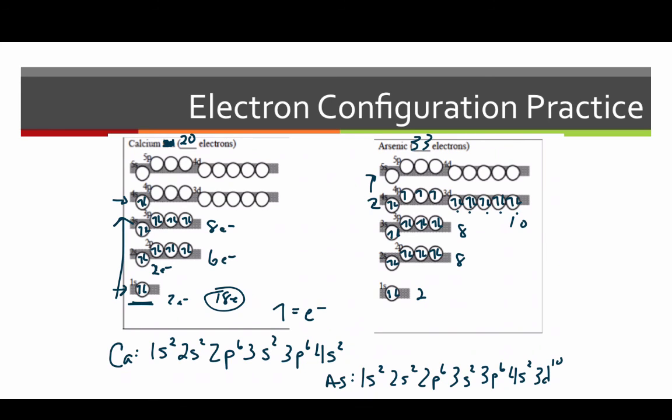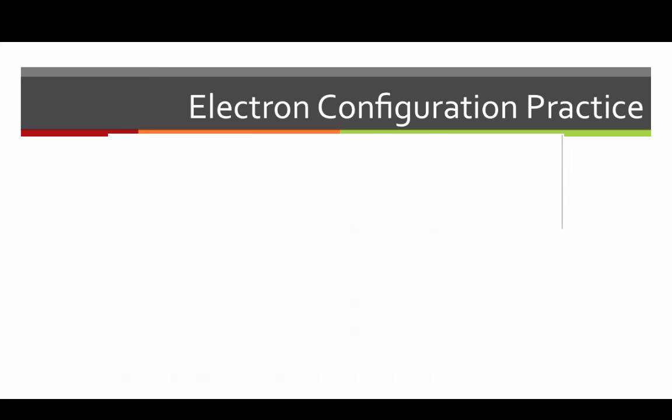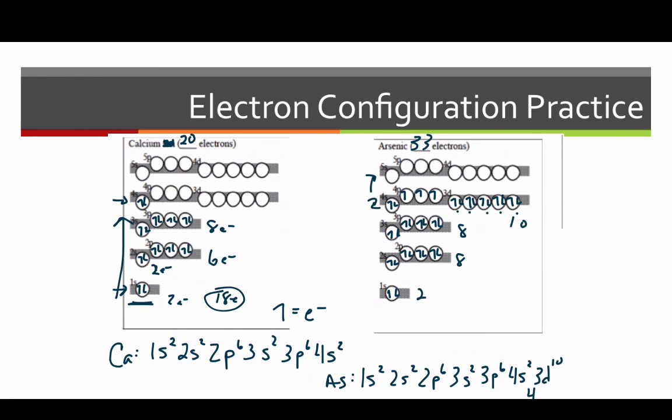Then I ran out of space, but the next part here would be 4p, and I used 3 electrons. So this would be the configuration for arsenic, where I have all of my electrons spread out into their orbitals.